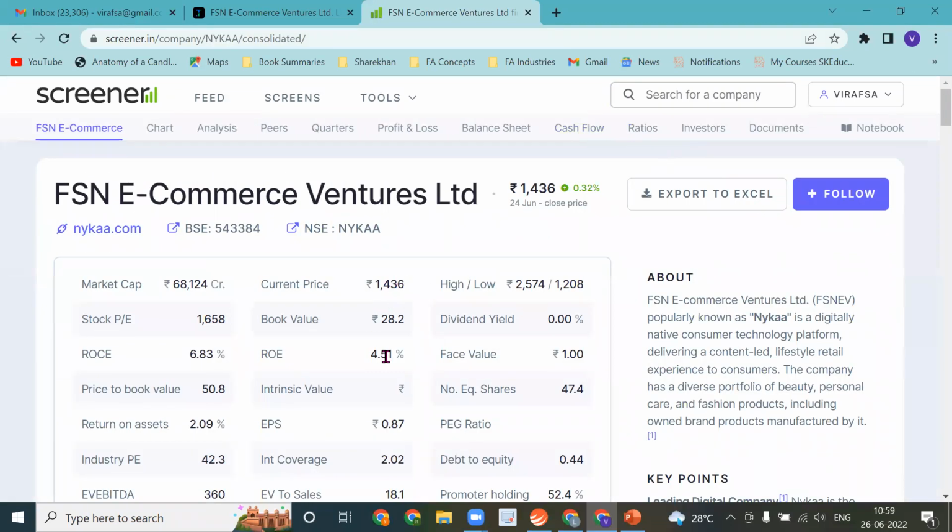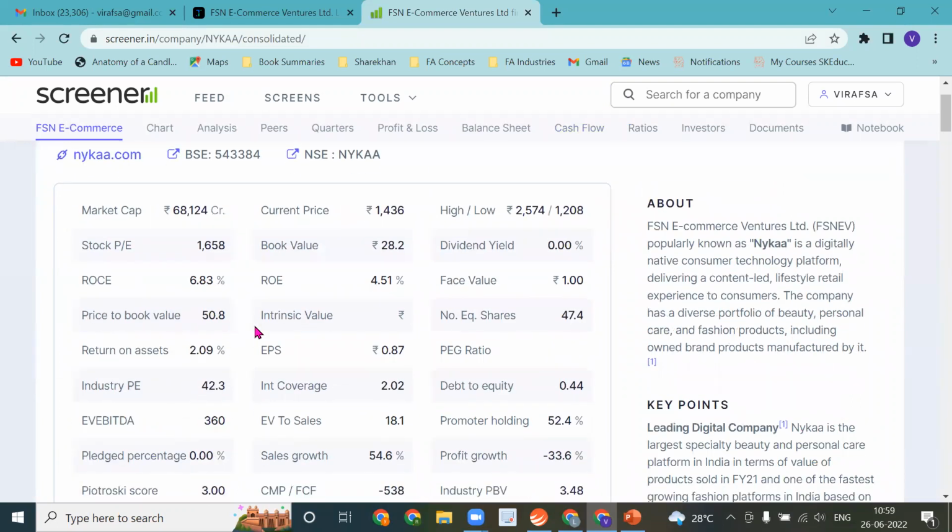Nykaa intrinsic value last year was nothing, now it is 1436. Stock P/E 1600 times. That means it is very costly. PB 50. Industry P/E 42, 1658.